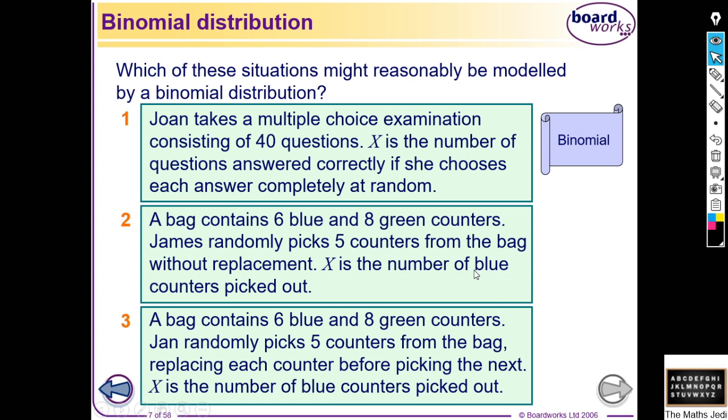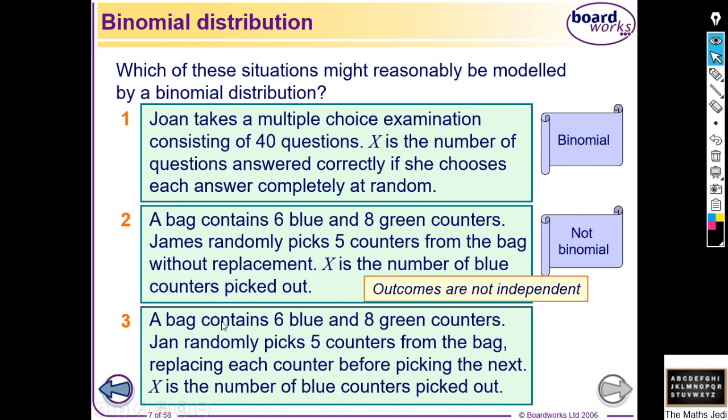So there are 2 outcomes. There are a fixed number of trials because he's got 5 counters. However, in this particular example, it's not independent because this is without replacement. So once you take a counter out of the bag, the other ones are affected by what you're taking out of the bag. So this has to be something that's not binomial.